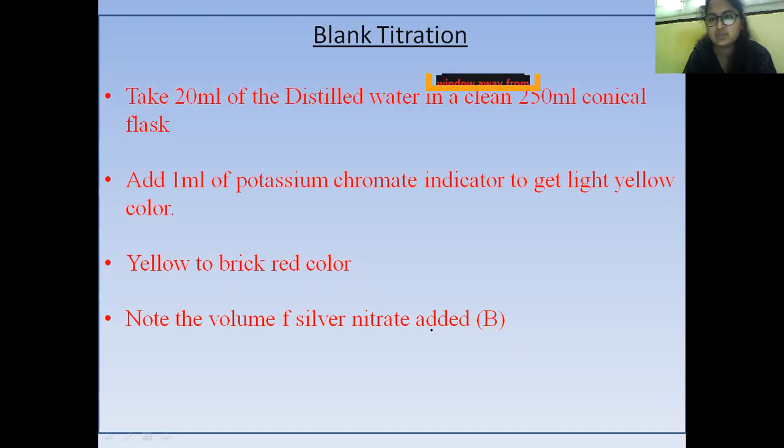Why can we use distilled water? Why should we do blank titration? Blank titration is carried out by titrating a fixed and known concentration of titrant into a solvent with zero analyte.